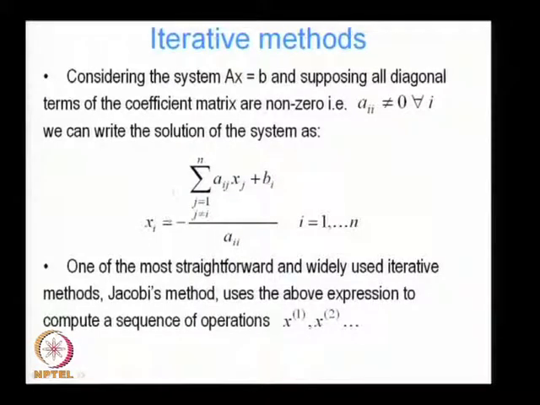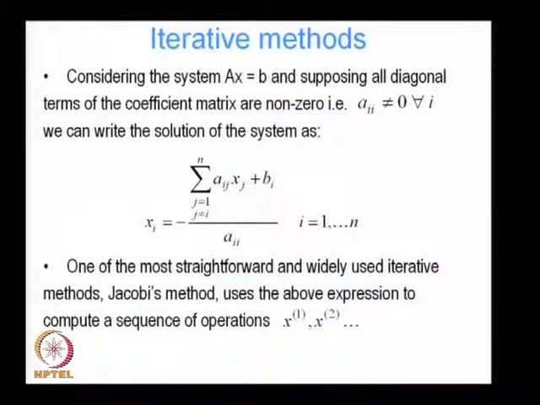So, this is identical to any equation in that system of equations. And one of the most straightforward and widely used iterative methods, Jacobi's method, uses the above expression to find the sequence of x1, x2 and so on and so forth.